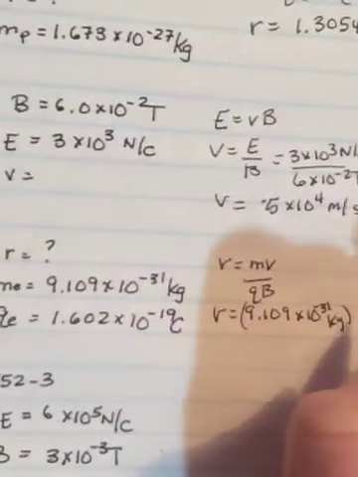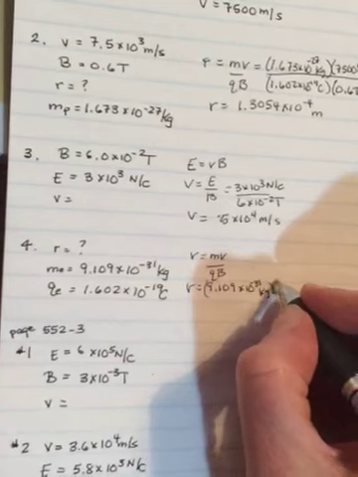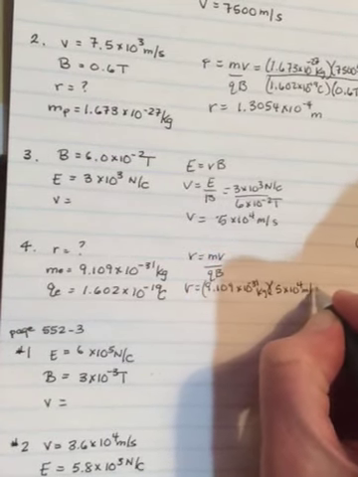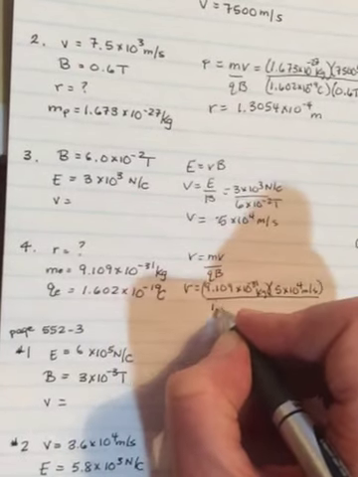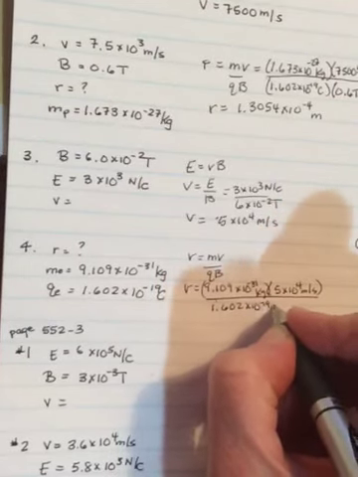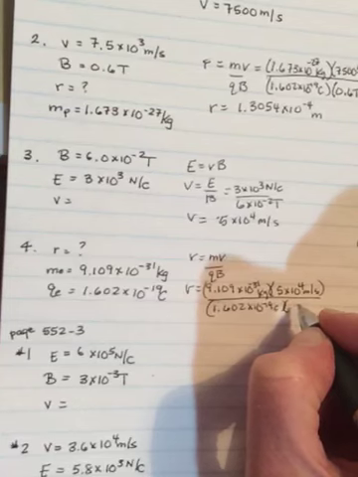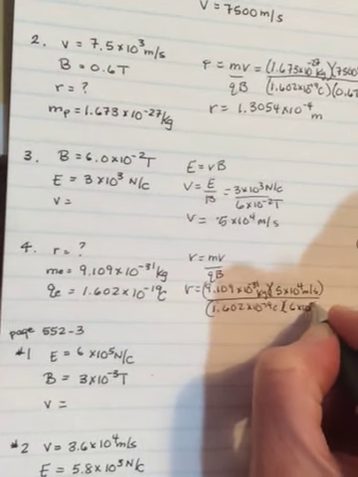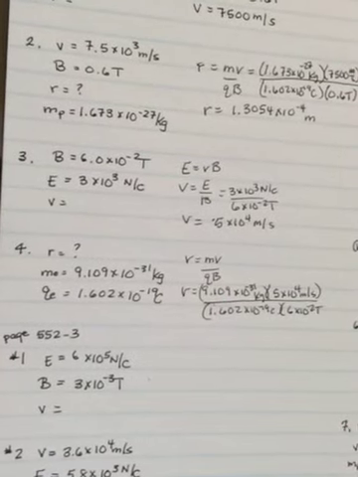The V is 5 times 10 to the 4th meters per second. The q is 1.602 times 10 to the negative 19 coulombs. And the B was 6 times 10 to the negative 2 Teslas.